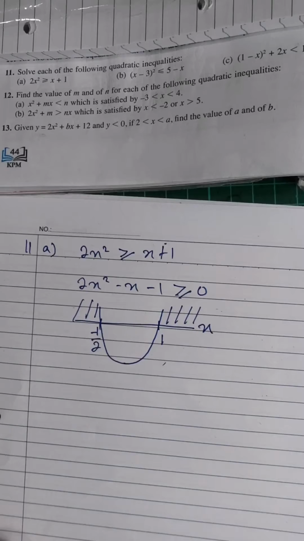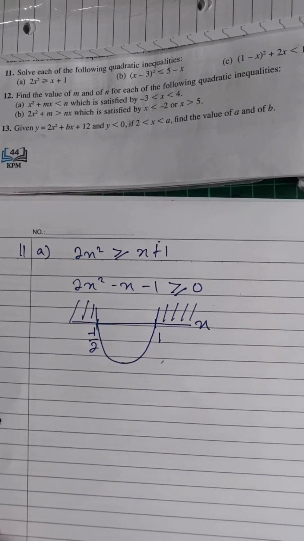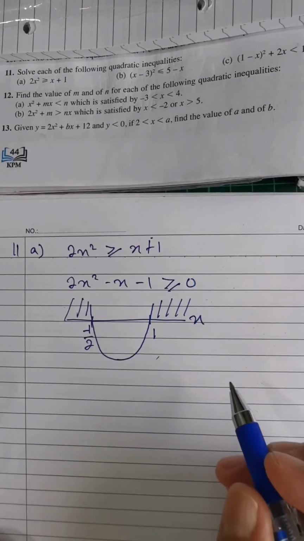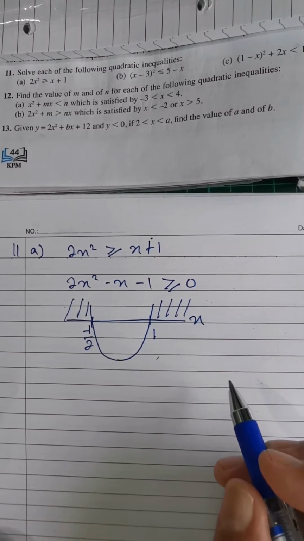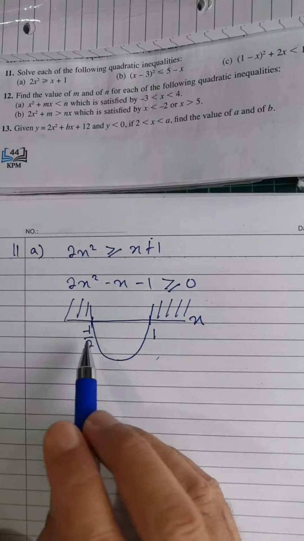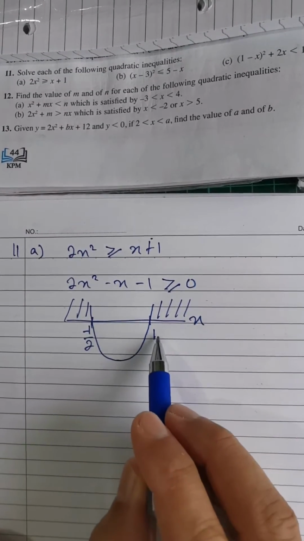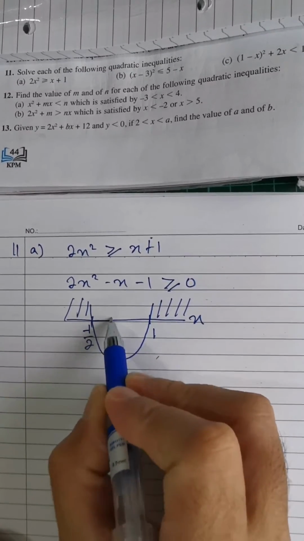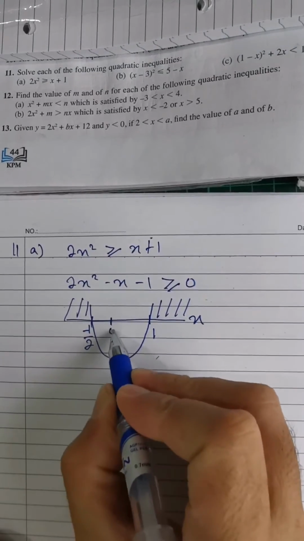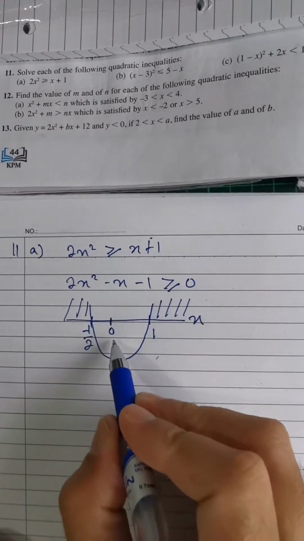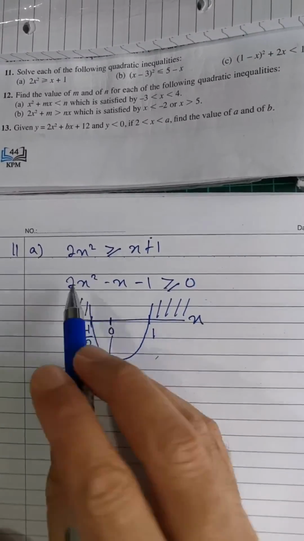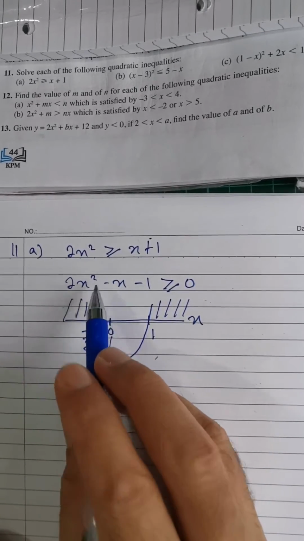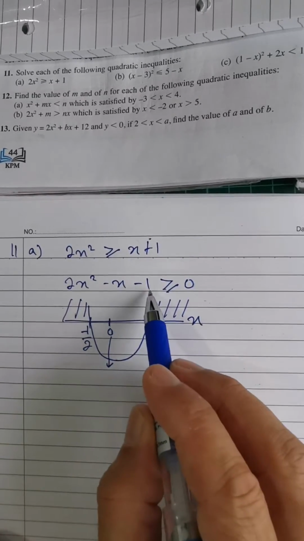Okay, if you don't understand why larger on top, let's try one value. We try out. Okay, -1/2 and 1 here. So 0 will be somewhere here. Okay, less than 0. So if we replace x as 0, 2 times 0 squared minus 0 minus 1, you get -1.